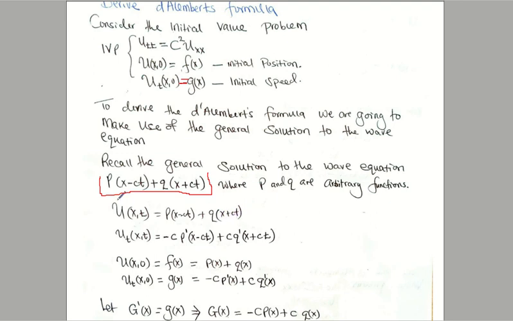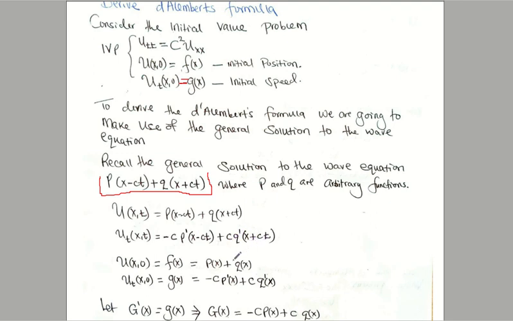Now, if we take the first partial derivative of u(x,t), we obtain u_t(x,t) equal to minus c p prime of (x minus ct) plus c q prime of (x plus ct).